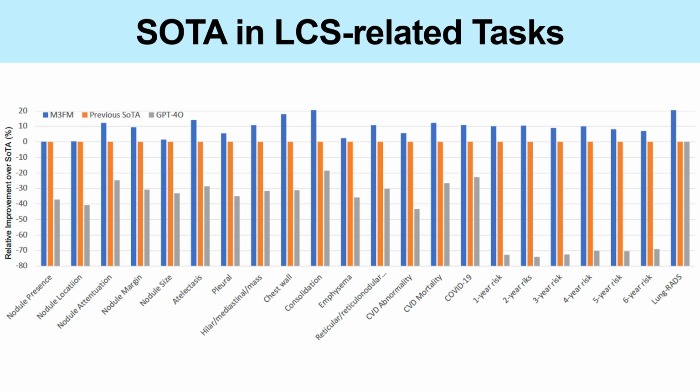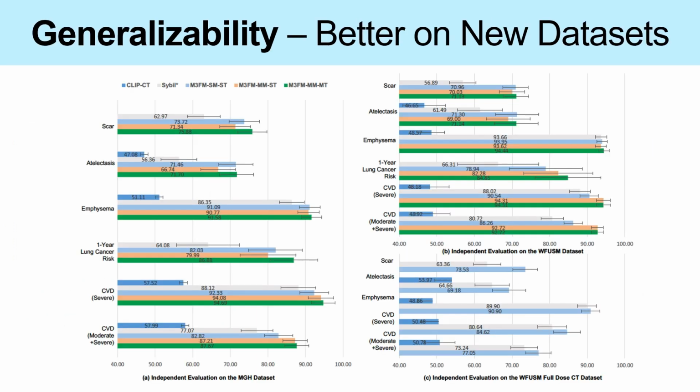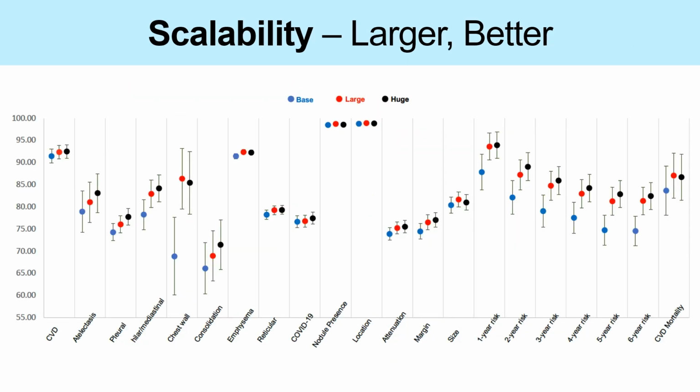All these specialty-oriented models put together, then you can achieve generalist medical AI. Our foundation model not only achieved state-of-the-art accuracy, it also showed excellent generalizability, and the foundation model performs very well on new data sets.